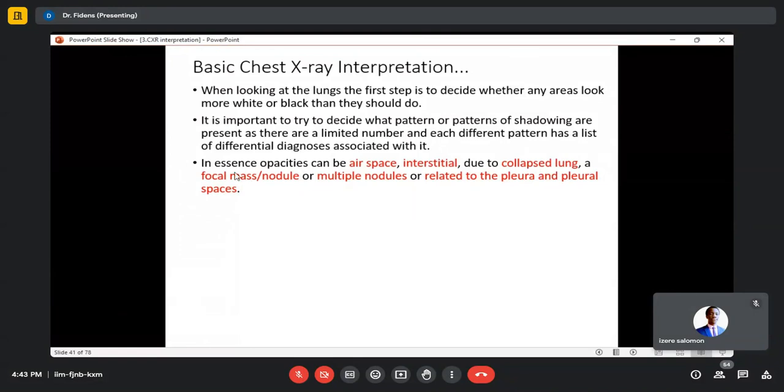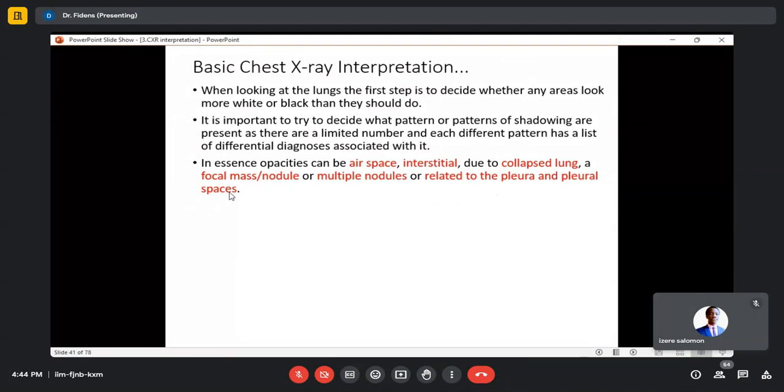We can have focal mass or nodule. Now think of interstitium when you can start talking about nodules. We can have one nodule or multiple nodules, or can have some opacities related to the pleura or pleural spaces, including pleural plaques, effusion, like that.